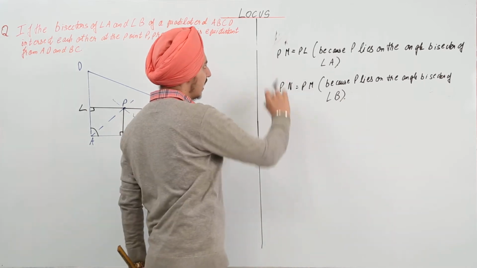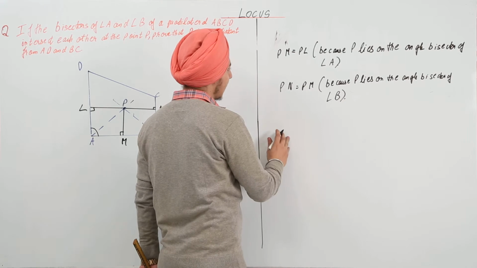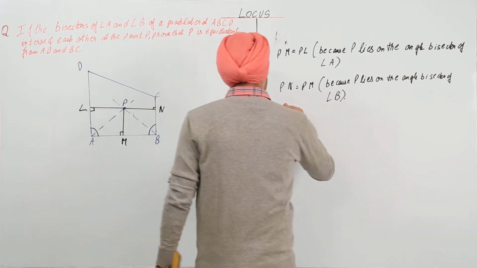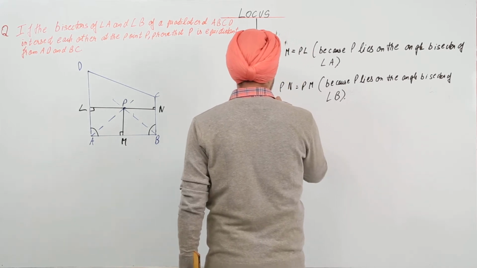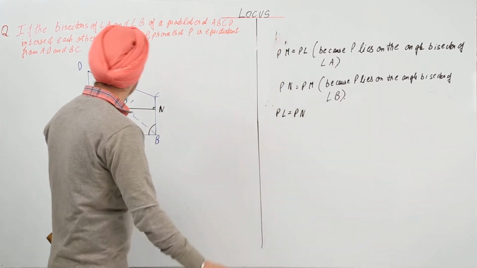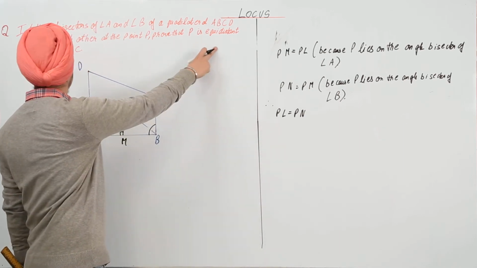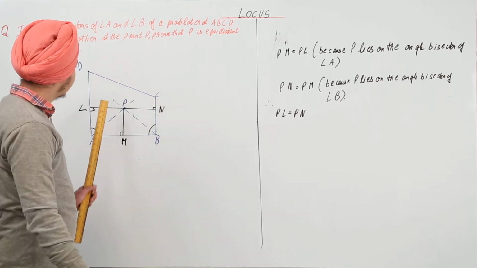Now we have PM is equal to PL and PM is also equal to PN. From both of these two equalities, what we get is that PL is equal to PN. Therefore PL is equal to PN. And what did we need to prove? That P is equidistant from AD and BC, and we have done that.